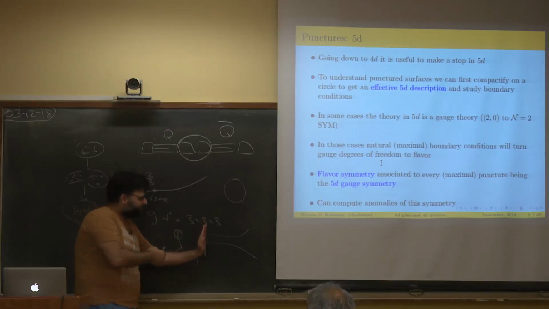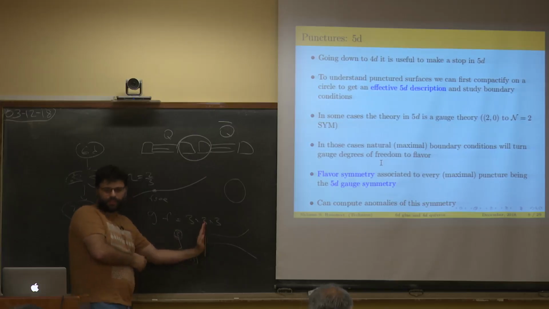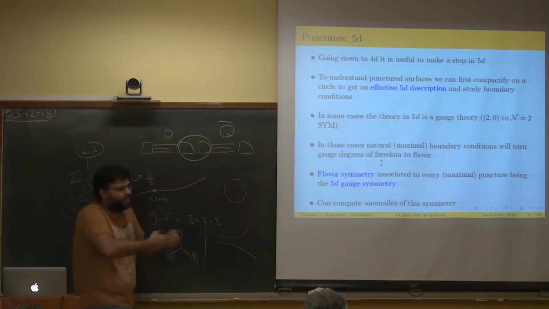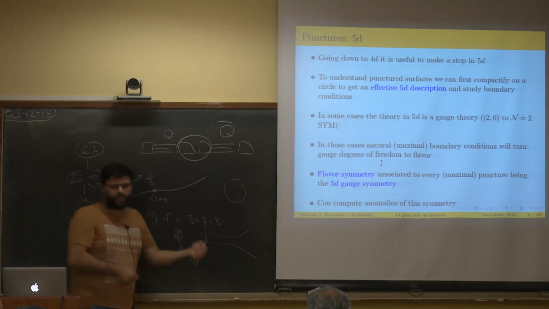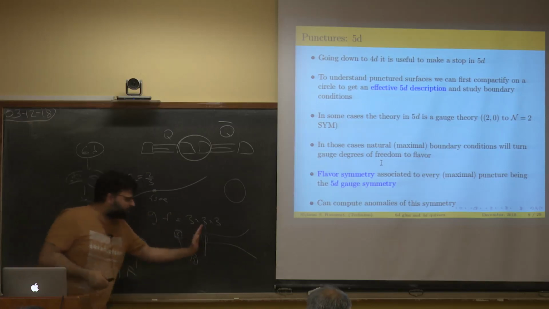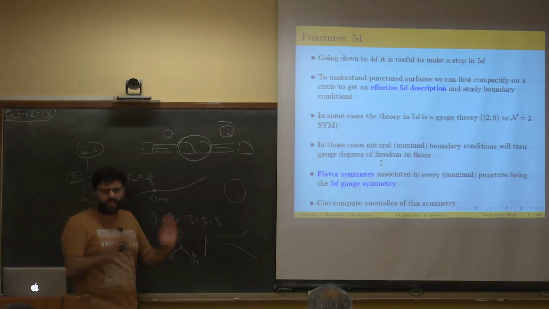And what happens is that punctures will have some symmetry coming with them. The gauge symmetry of the 5-dimensional theory becomes flavor symmetry, becomes global symmetry. So each puncture comes with some global symmetry, which comes from the gauge theory description. You can choose other boundary conditions such that you preserve a subgroup of the gauge symmetry, so that the flavor symmetry is a subgroup, but we will only discuss these maximal choices.